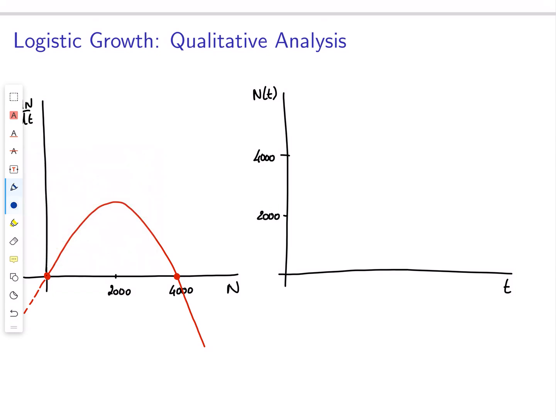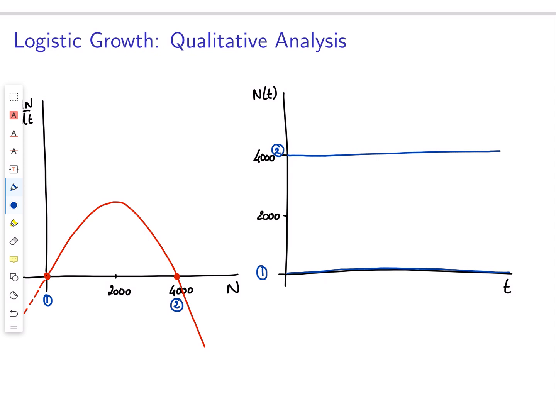When n is equal to 0, we're at an equilibrium. And so my initial condition 1, if it's equal to 0, then I'm going to stay 0. Similarly, if n is ever equal to 4,000, then it stays at 4,000. That was the second initial condition. This one here is number 2.